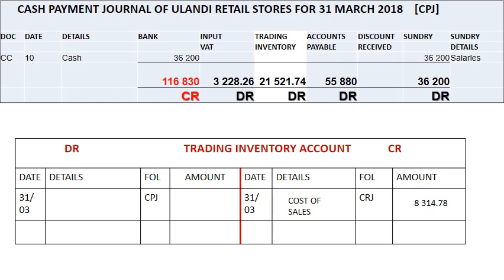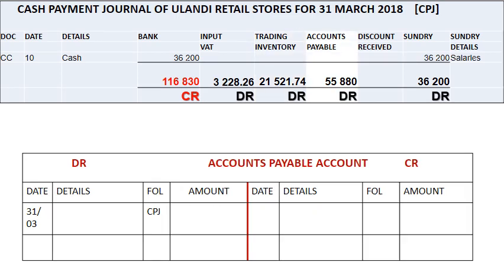The next is posting the trading inventory column. We go to the trading inventory account already created while posting the CRJ. On the debit side, we show the date 31st of March, details, bank, folio, CPJ, amount as calculated in the trading inventory column of the CPJ.